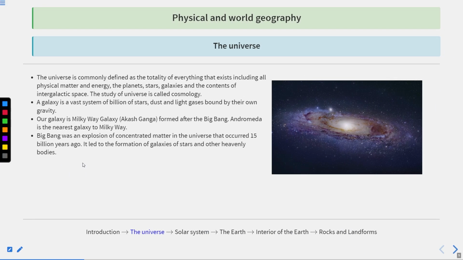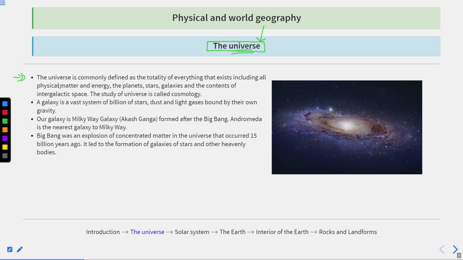Now let's move forward. Here you can see the first topic that we have is the universe. Whenever the universe comes to mind, what do we understand by this? Basically, we understand that it is a vast area. But particularly in geography, whenever the word universe comes, we have some commonly defined facts about it.